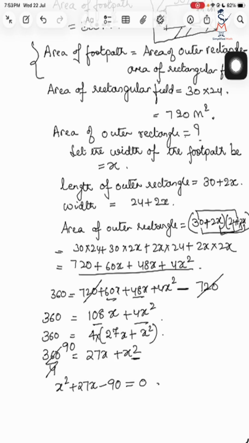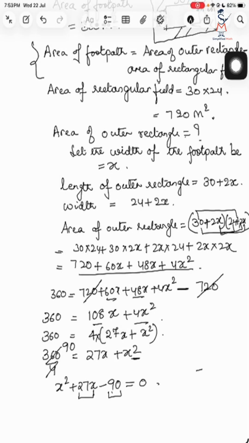Now how do we solve this quadratic? We split the middle term, that is 27x. The first term will be x square and the last one will be the constant, in such a way that when I multiply I should get minus 90.